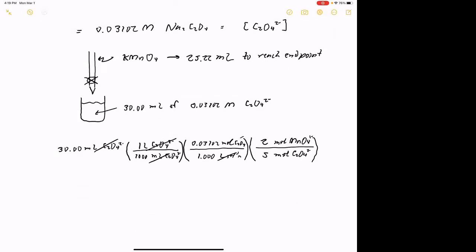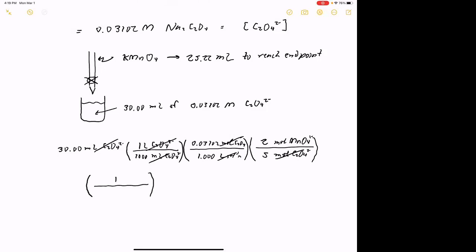Look what happens. Moles of oxalate are going to cancel with moles of oxalate. I'm left with moles of permanganate, and I'm trying to get to a concentration. So I've got moles in the top. What do I need in the bottom? Liters. I need volume, right? We can go ahead and do that conversion in two steps if we want.